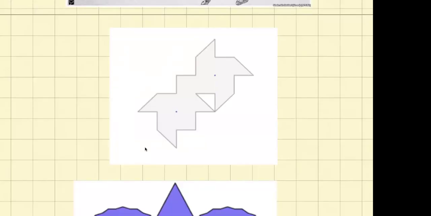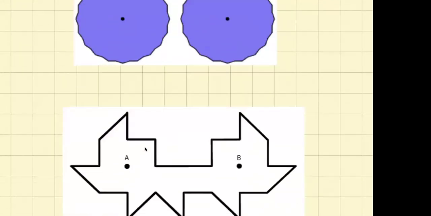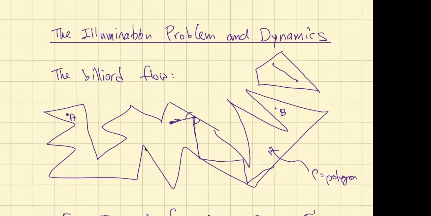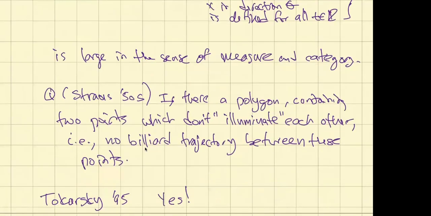So, Barak, I have a question. Can't any polygon be tiled by isosceles right triangles? Well, they can all be tiled by triangles. The triangles need to be identical isosceles right triangles. Oh, okay.